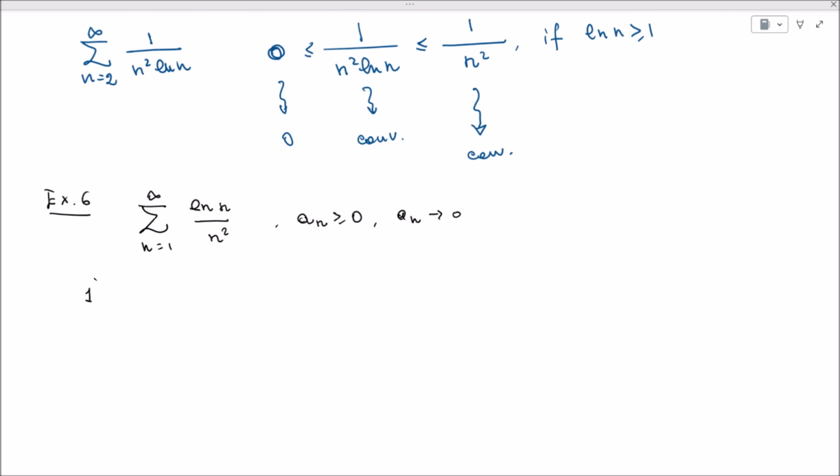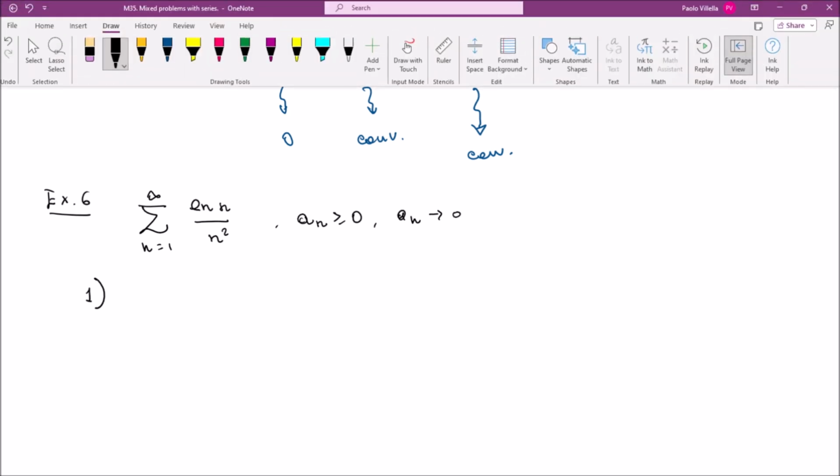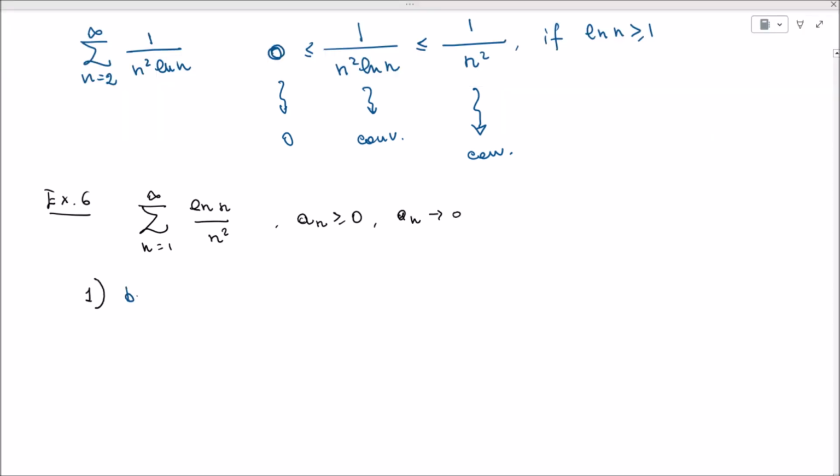Let's see what happens if we make a comparison with bn equal to 1 over n squared, because we know that the series of 1 over n squared converges. Both an and bn are larger than 0, so they satisfy the conditions for the applicability of asymptotic comparison, which is related to the limit of an divided by bn.